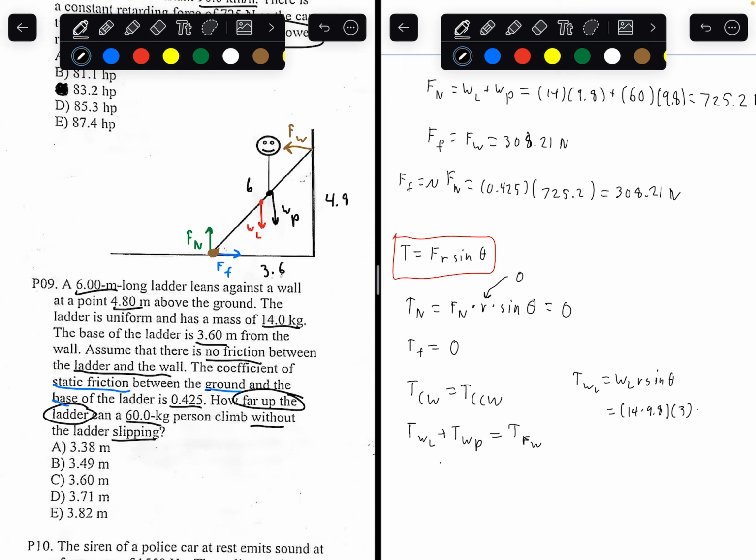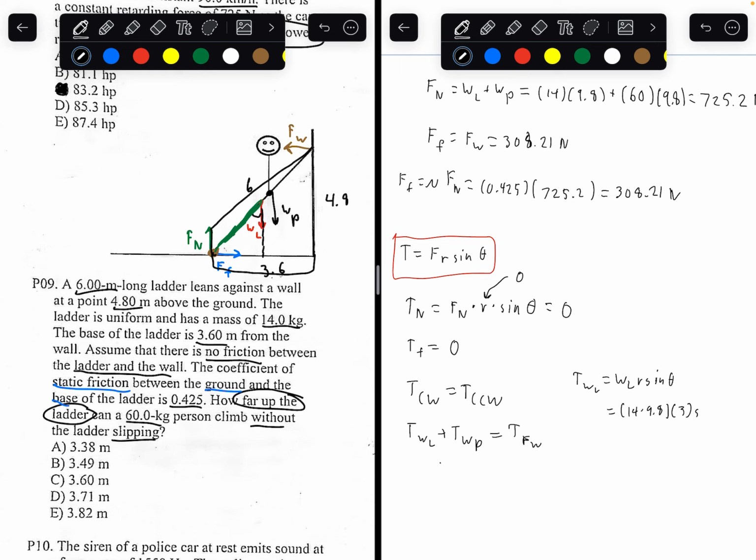And sine theta, what is sine theta? Theta is the angle right here. So this black angle I just drew, that's theta, because that's the angle between the weight and the radius. The radius I'll draw in green right here. If we draw the full triangle, we know that it's just opposite over hypotenuse. This triangle, if you've done similar triangles, you'd realize it's similar to this big triangle right here.